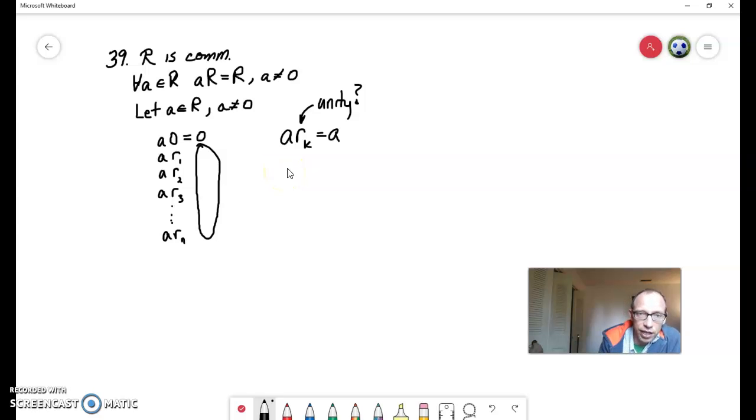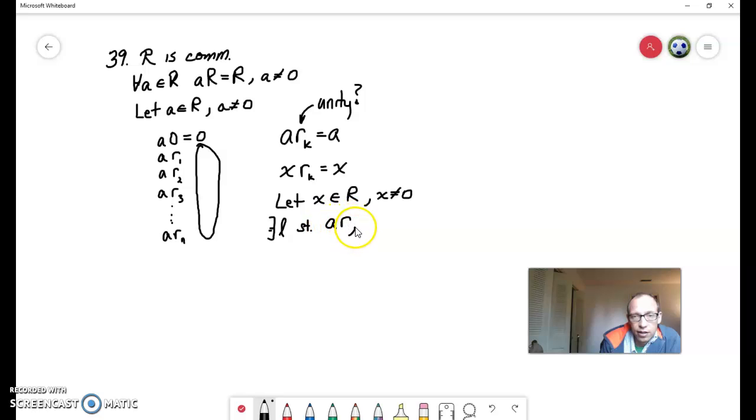In general, we have to show that for an arbitrary x, this would happen. So let x be a member of the ring, not equal to 0. Let's just work with the non-zero here. So x has to show up somewhere over here, which means that there exists some L such that A R L equals x.